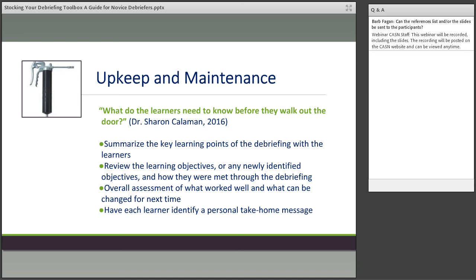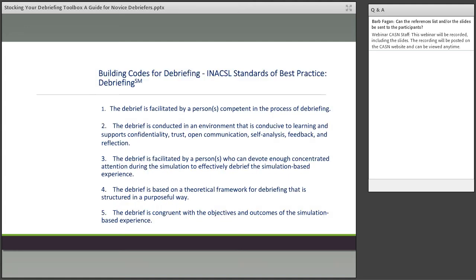So you're going to summarize the key points of debriefing, review the learning objectives or any new objectives, and have each learner identify a personal take-home message. I wish I could have you all do that today. What did they get from this session that they're going to take forward and use in their practices?